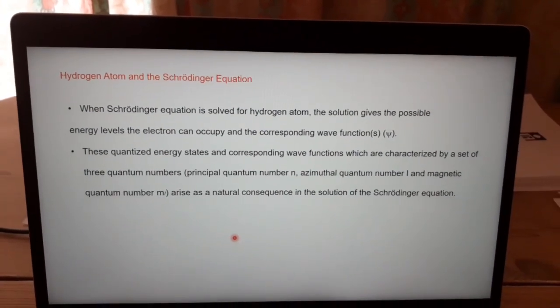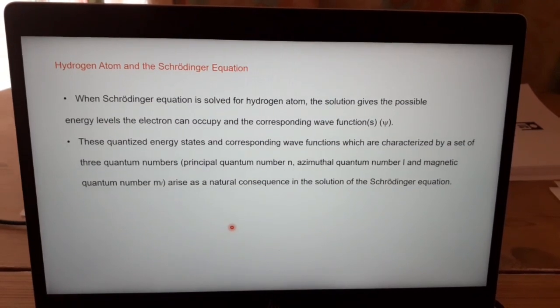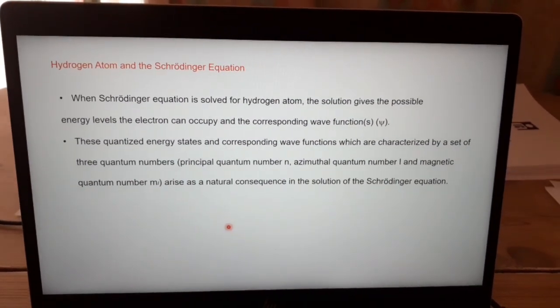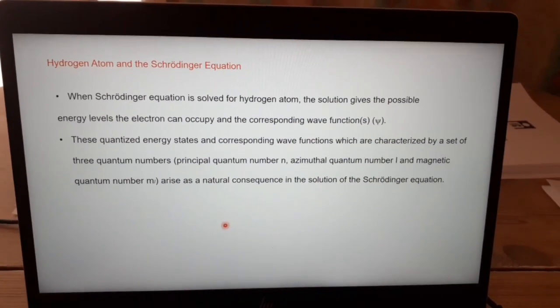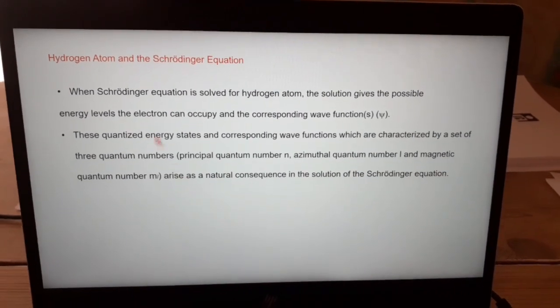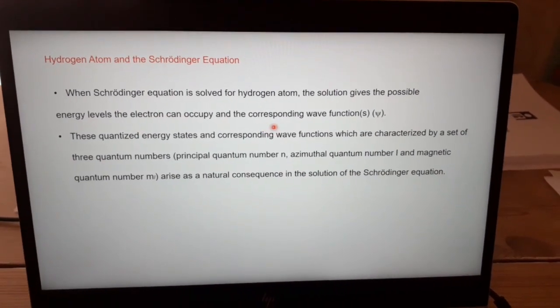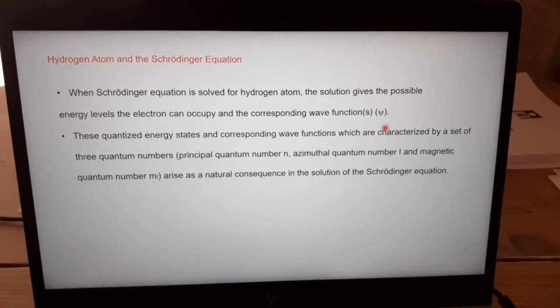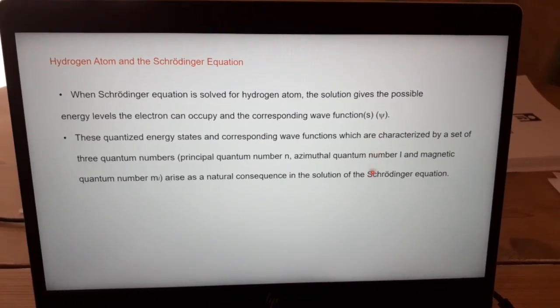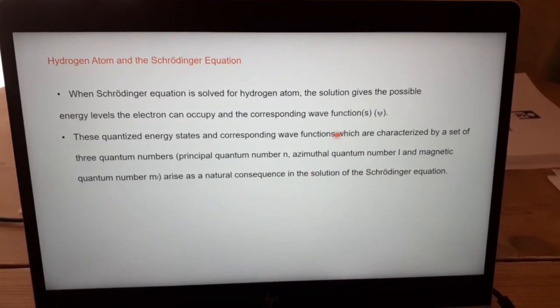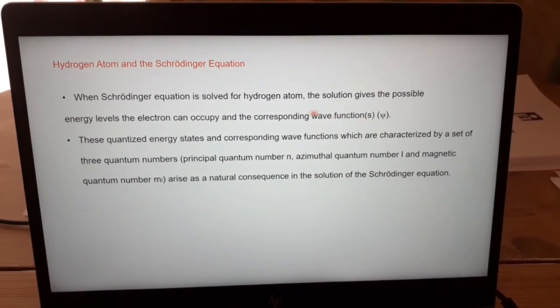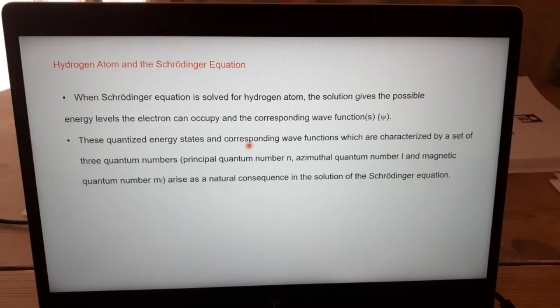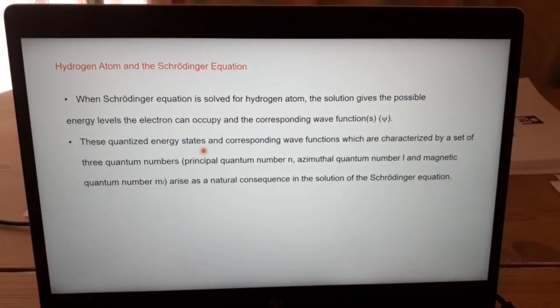Next, the Schrödinger equation for the hydrogen atom. When the Schrödinger equation is solved for the hydrogen atom, the solution gives the possible electronic energy levels the electron can occupy, corresponding to the psi function. Like I have told you, E and psi can be solved for, and you can get the different electronic energy levels of the system, right?